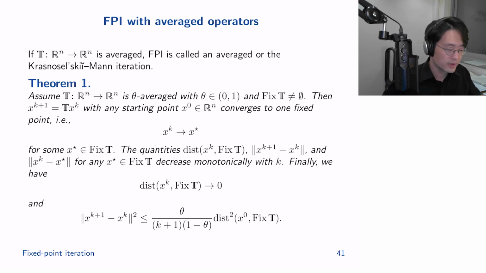Furthermore, these quantities are monotonically non-increasing. So the distance of the iterates to the fixed point, the difference between the current and the subsequent iterate, and then the distance to a particular solution is monotonically non-increasing.